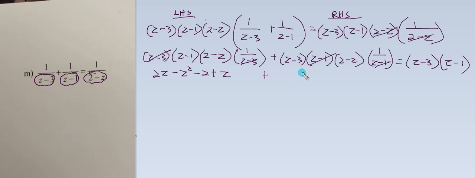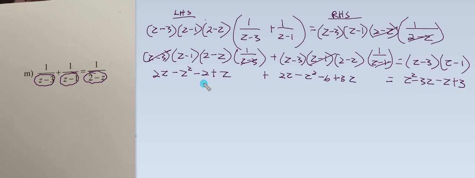Similarly, we're going to expand this the same. z times 2 minus z is 2z minus z squared. Minus 3 times 2 is minus 6. Minus 3 times minus z is plus 3z. Now this side will be z squared minus 3z minus z plus 3.